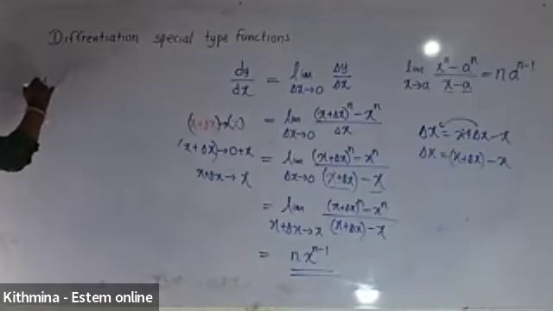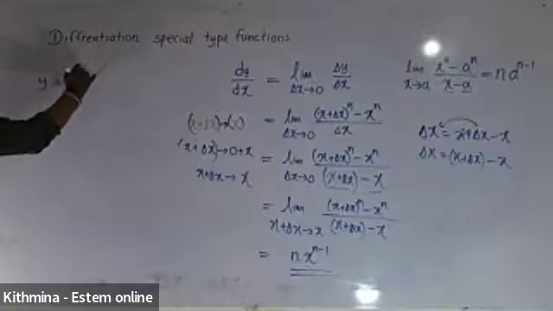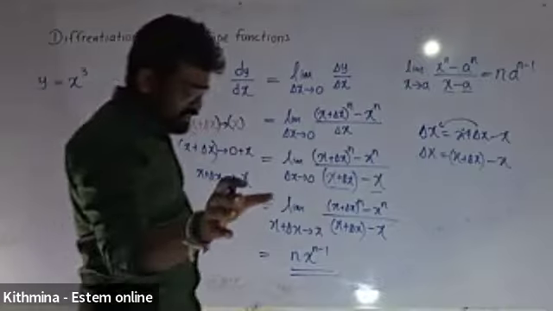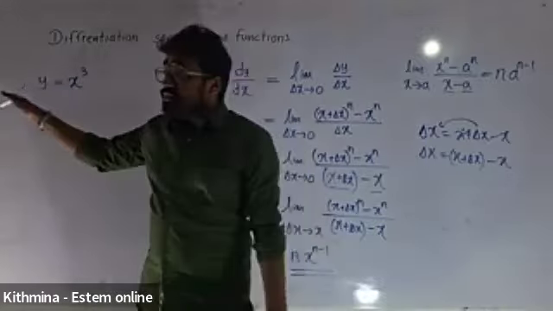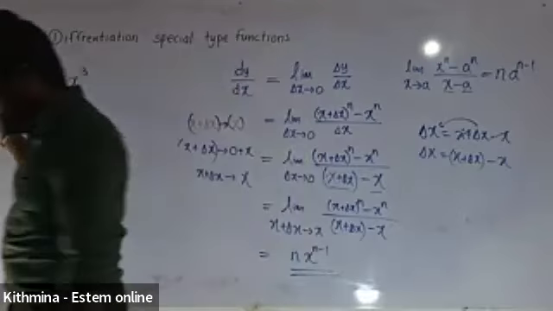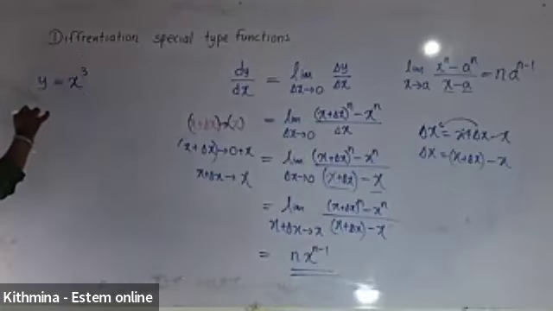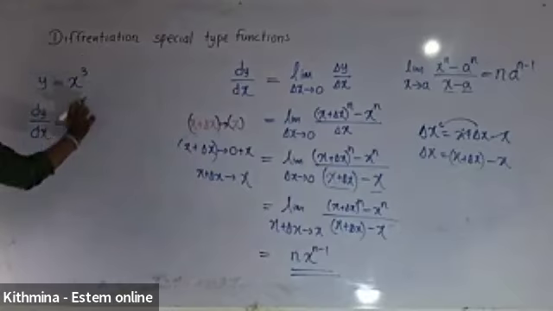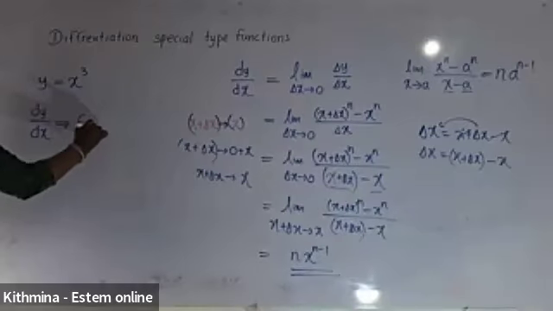Okay, y equals x cube. Now you know these things, and I want to tell you another thing. We call the derivation of y, that is also a word we use for dy over dx. Dy over dx is telling the first derivation.